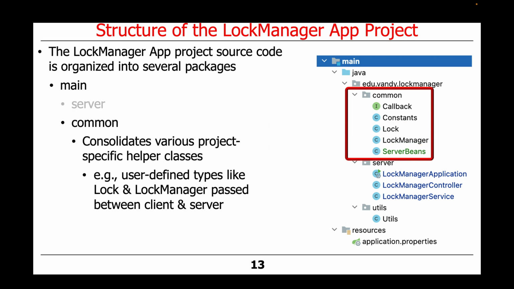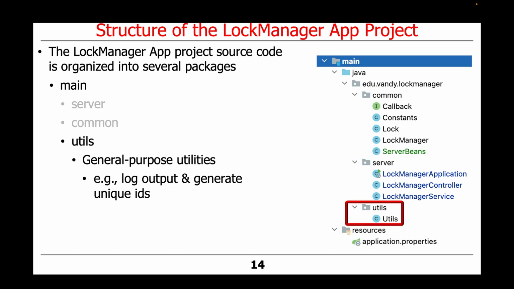In turn, the lock and LockManager classes are defined in the common package, which consolidates various project-specific helper classes. In addition to lock and LockManager, it also defines other classes for things like holding the constants, a nice callback interface, as well as the server beans that are used to do auto wiring and dependency injection for some of the capabilities we'll discuss later.